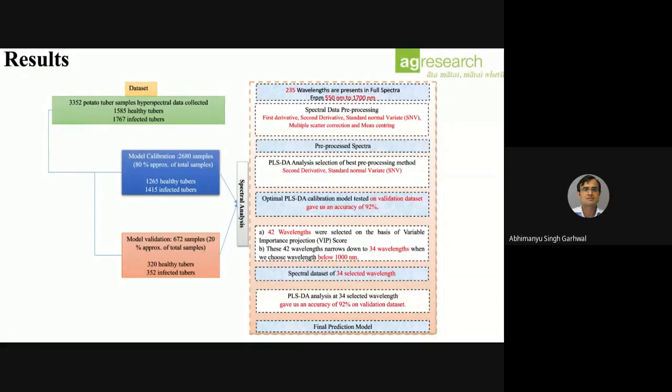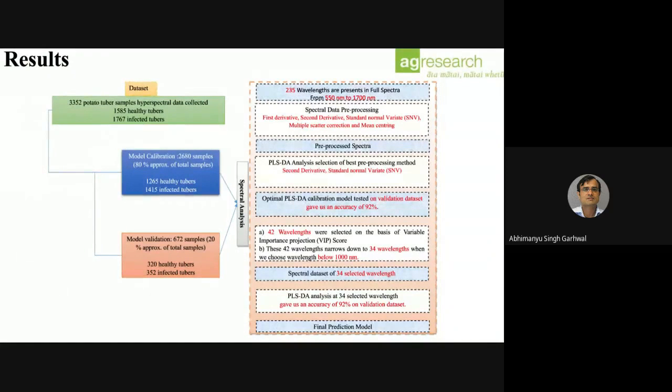After that, we tried to identify optimal wavelengths. Initially we selected 235 wavelengths, and from those we wanted to identify which are relevant for zebra chip disease detection. We found 42 wavelengths are important for zebra chip disease detection.